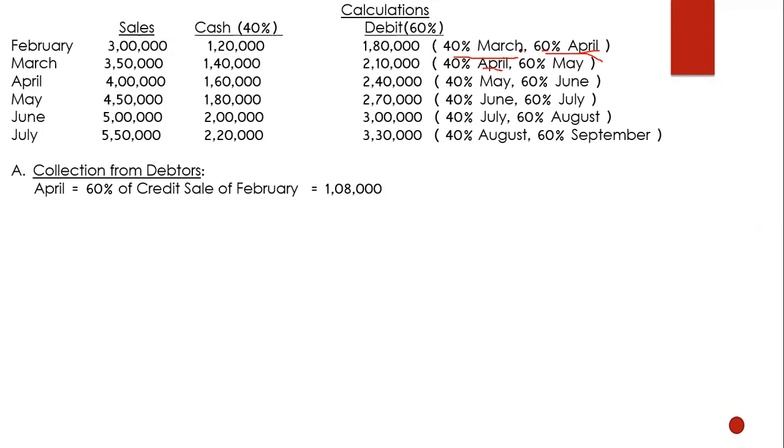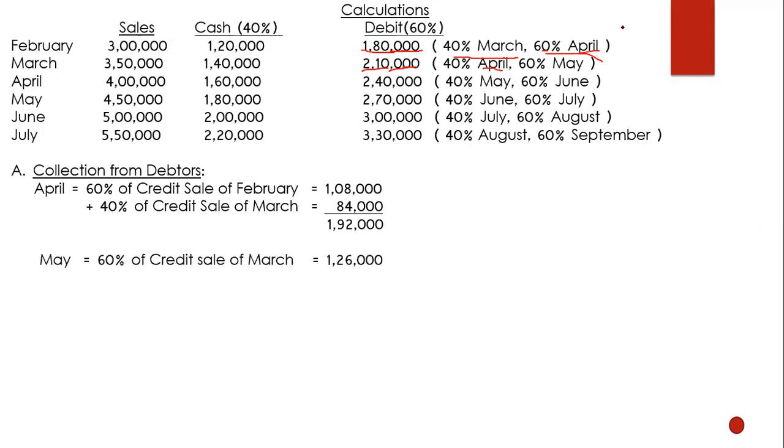So we will take 60% of February's debit sale, it's credit, and 40% of March. 60% of 1,80,000 is 1,08,000, and 40% of 2,10,000 is 84,000. Total will be 1,92,000.